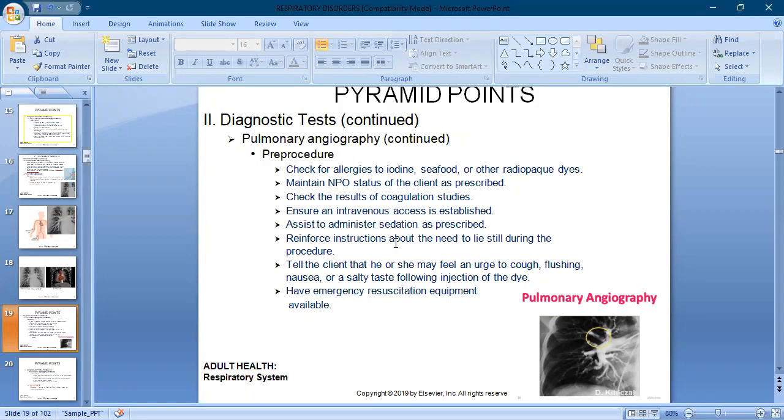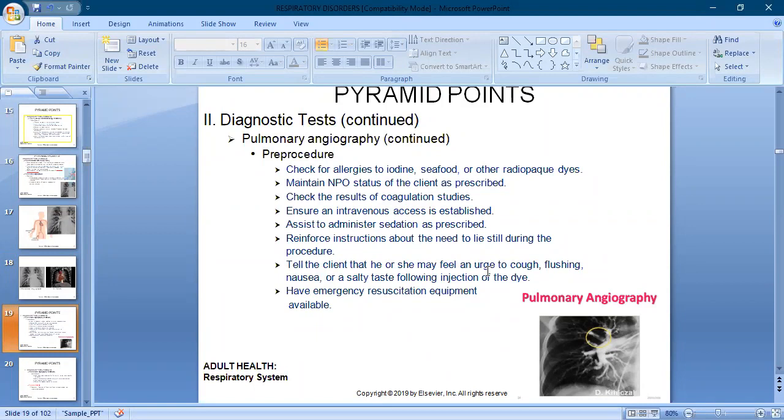Reinforce the instruction about the need to lie still during the procedure. Tell the client that he or she may feel an urge to cough, nausea, or a salty taste. If you tell them before the procedure, they will be aware of that, and they will not panic or be stressed.